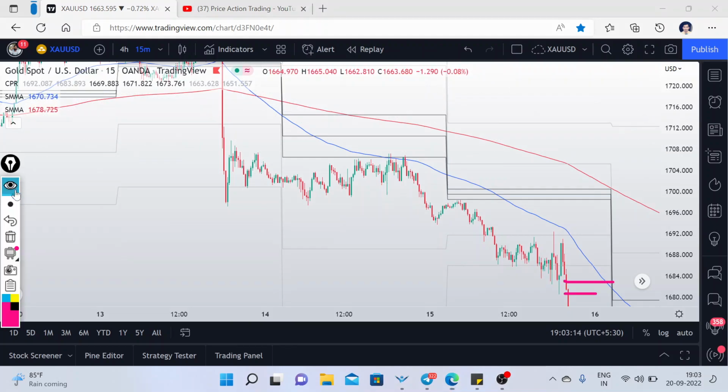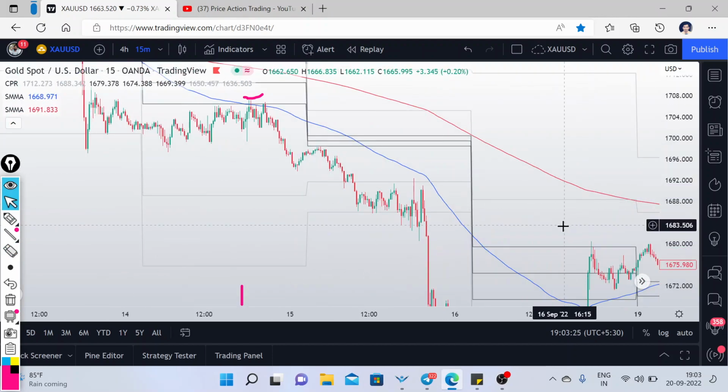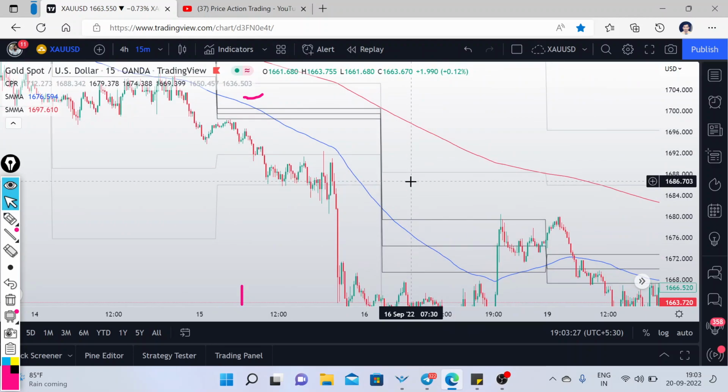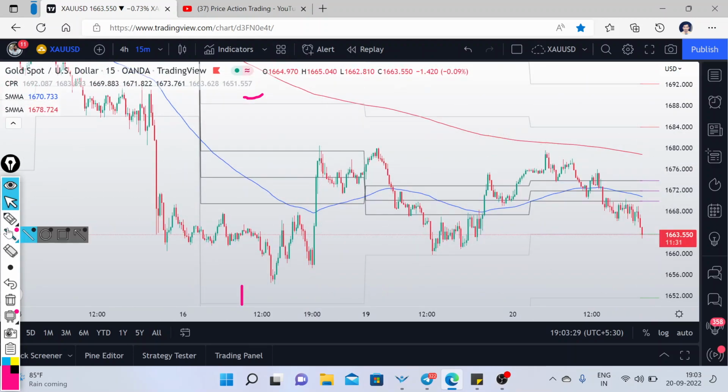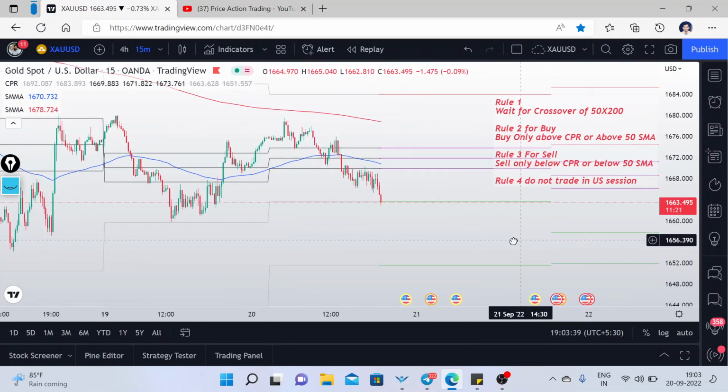Now as you can see, we have a sell signal on this particular day, and after that now we just have to look for the sell entries on gold or the other forex pair that you want to trade. I mainly tested this strategy on gold. You can backtest this strategy on other forex pair as per your strategy.